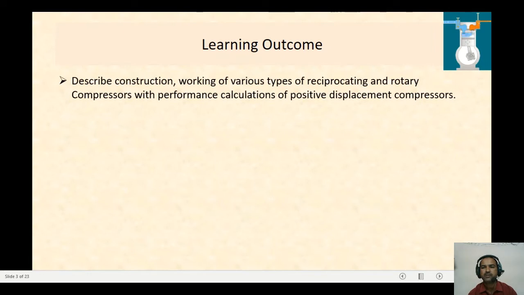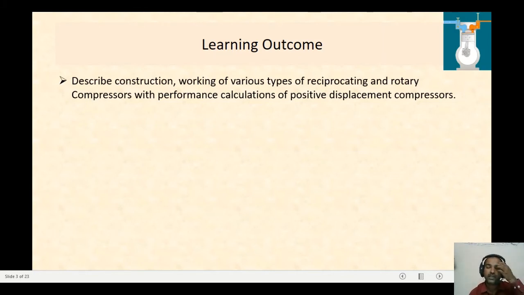The rotary air compressor is further classified into four types: lobe type, vane type, centrifugal compressor, screw compressor, and also axial flow compressor. These come under the rotary compressor.